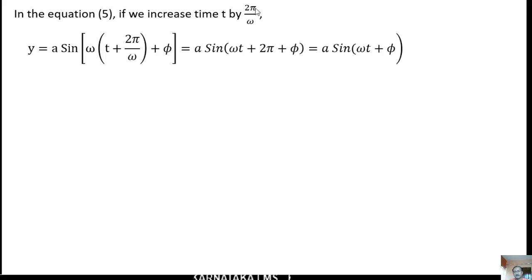Here just add the factor 2 pi by omega, omega gets cancelled, then it becomes omega t plus 2 pi plus phi, which is equal to a into sin of omega t plus phi.